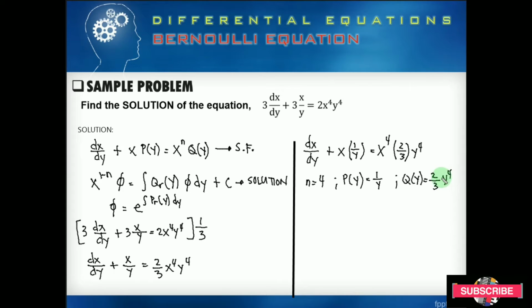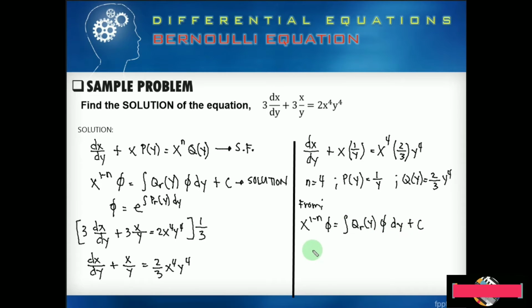So meron na tayo dito. So from this, ang kanyang solution is, okay, meron tayong x raised to the 1 minus n times p is equal now to the integral of your q subscript r as a function of your y, at saka phi, at ito naman ay dy, plus c, okay.